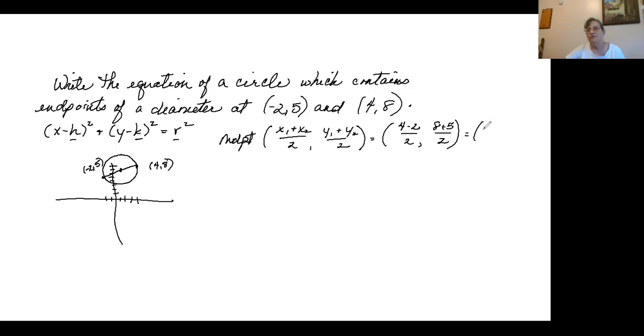So we've got 2 over 2 is 1. And here we've got 13 halves. Life doesn't always come in whole numbers.